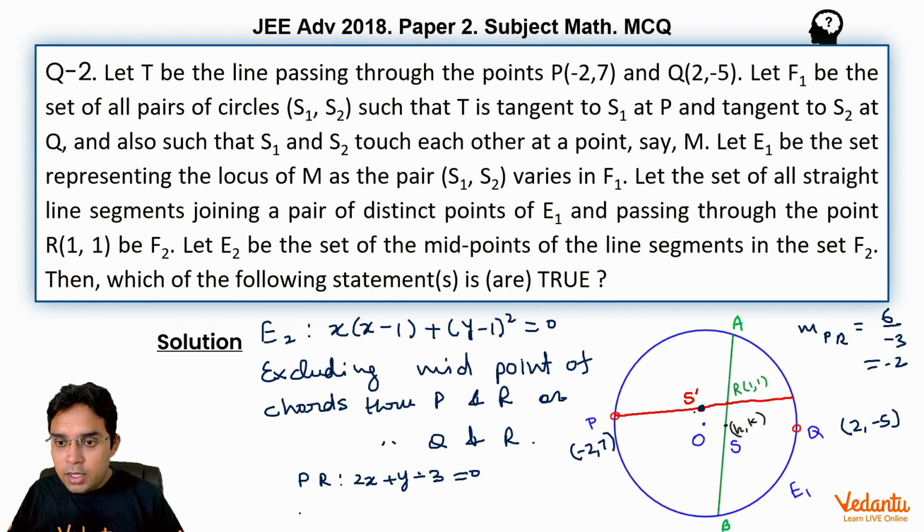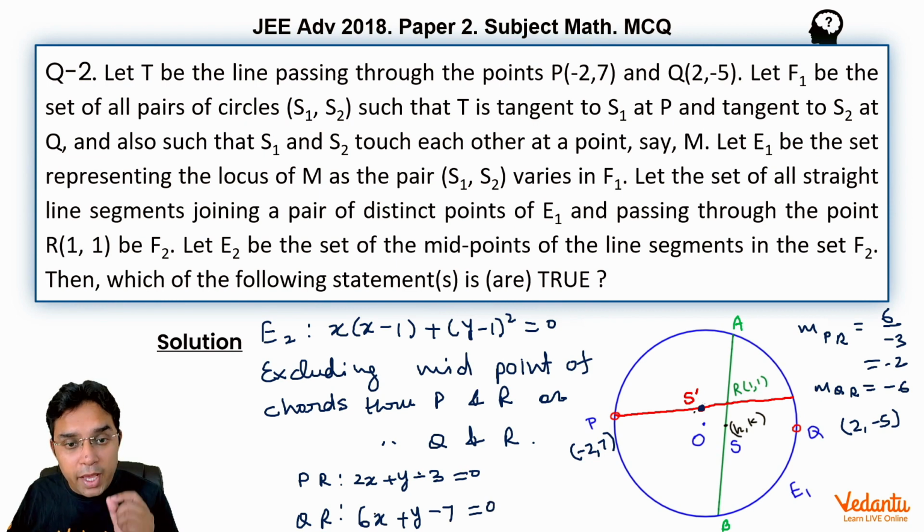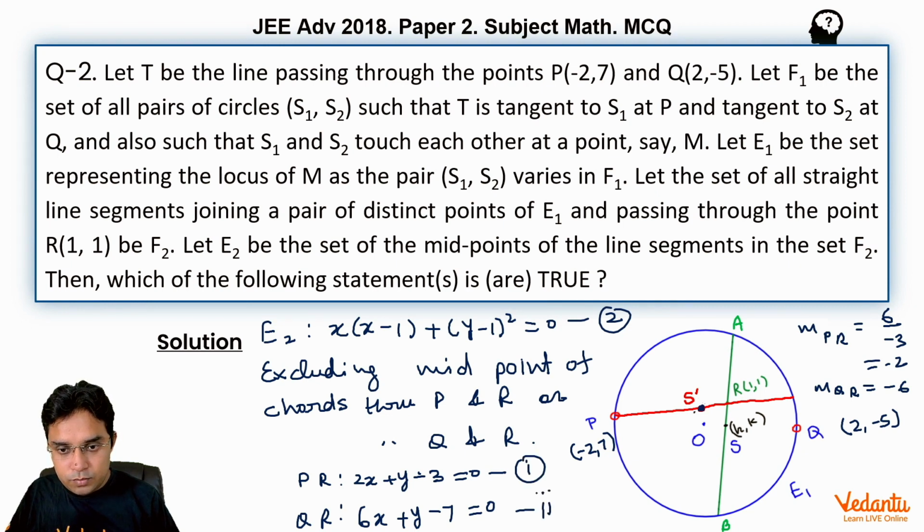And similarly, for the equation of QR, the slope of QR is minus 6. So its equation will be 6x plus y minus 7 is equal to 0. So we have to exclude those points which will be lying simultaneously on this equation number 2 and these lines, let us say 1 and 2.